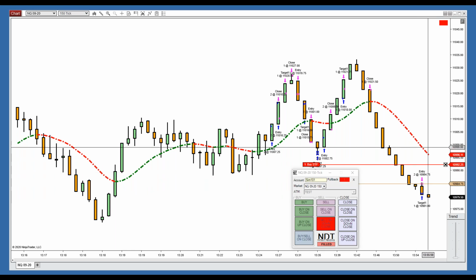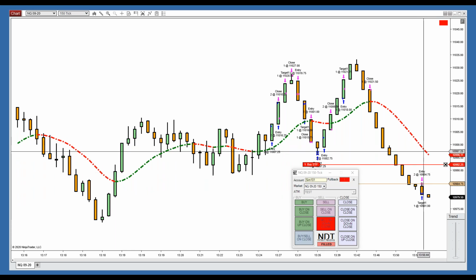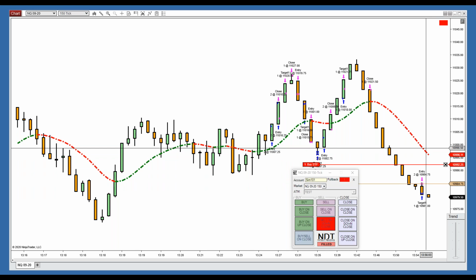You're going to get out now on the more complex trailer, unless you simply close on an up close, and the market's going to continue to give you profit until you get a reversal candle. But I'm going to show you that more advanced tool that allows you to stay in the trade a lot longer.